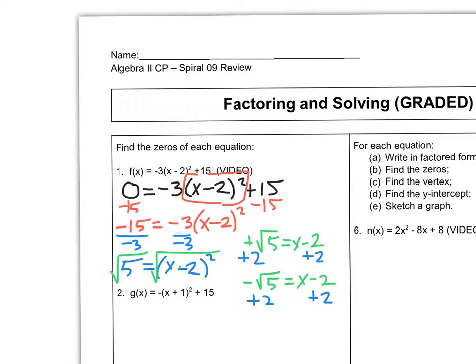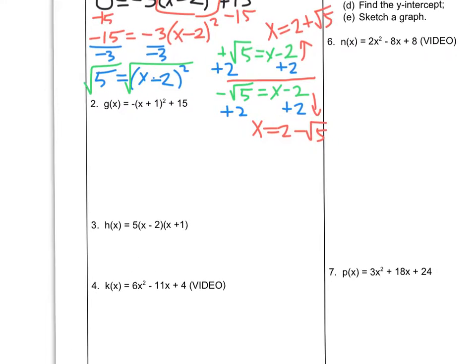Because we end up with, and excuse my organization here, this top value would give us x is equal to 2 plus the square root of 5, and the bottom calculation would give us x equals 2 minus the square root of 5. So we don't actually have to come to any decimal value or any other form than the answer.